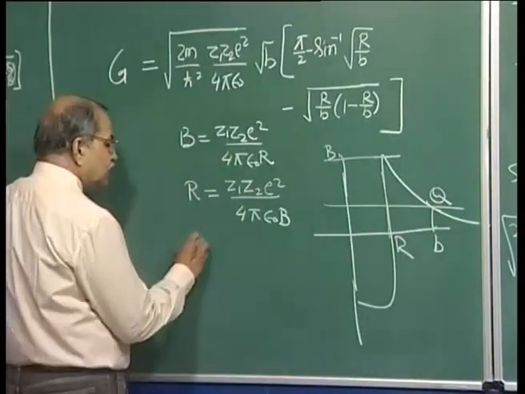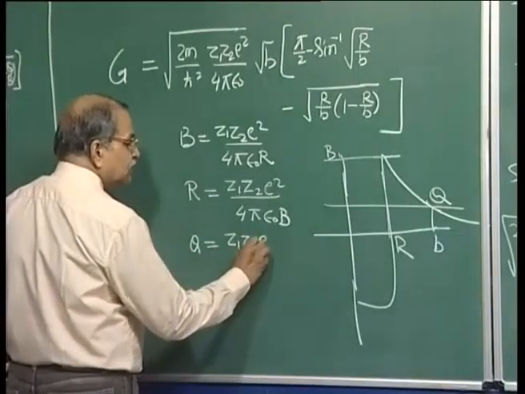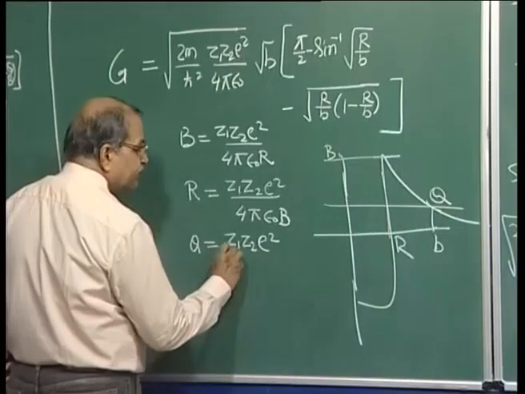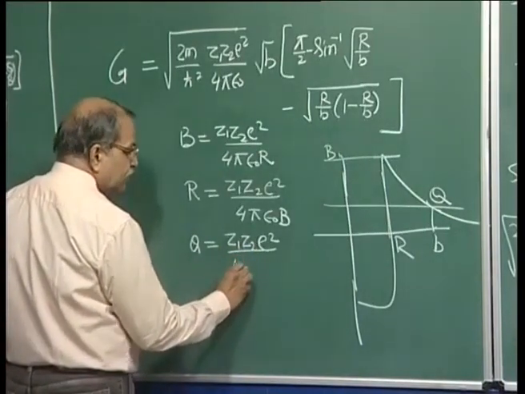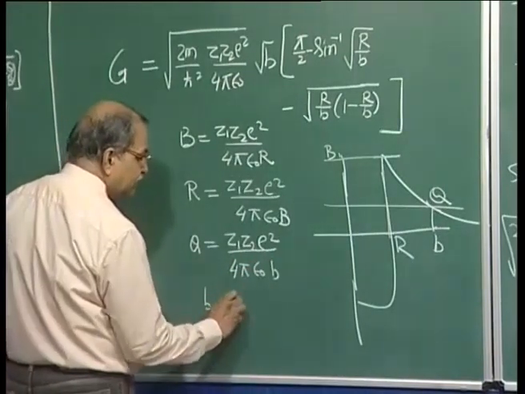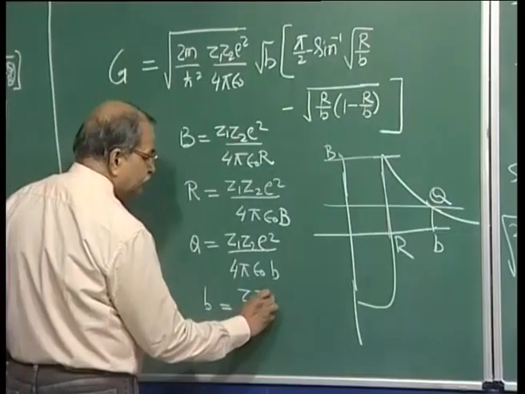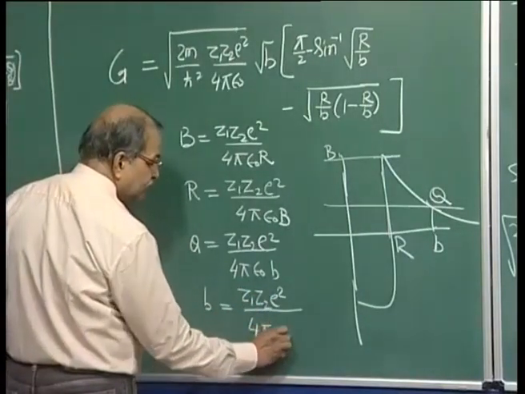So, Q is Z1 Z2 e square divided by 4 pi epsilon naught times small b, or small b is equal to Z1 Z2 e square by 4 pi epsilon naught times Q.